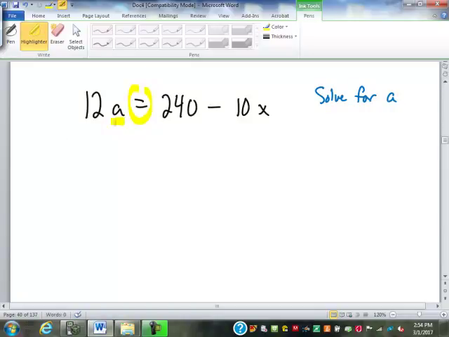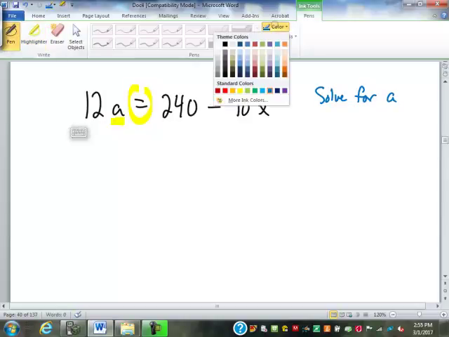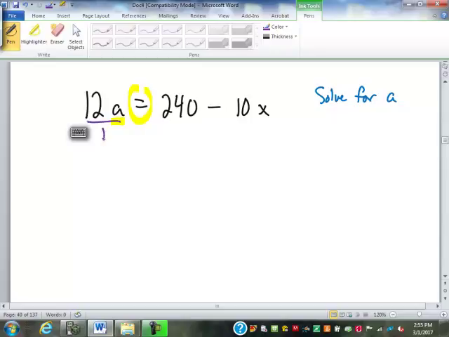Once again, A is being multiplied by 12. So to get rid of that, we would divide by 12. So dividing by 12 over here gets rid of the 12. When we multiply or divide in an equation, we have to do it to every digit.